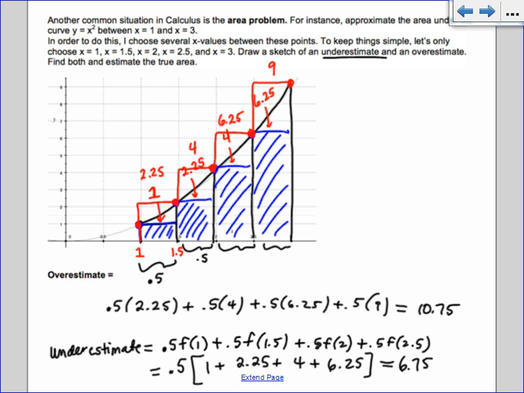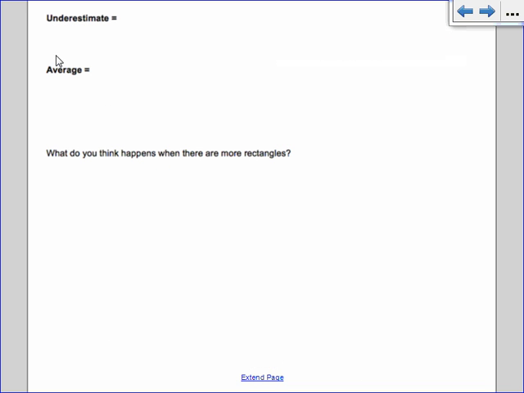Okay, so if you were making a guess on the true area, what would you do now with these values? Right, you just take the average. So you're going to have 10.75 plus 6.75 and divide by 2, and what do we get? 8.75.